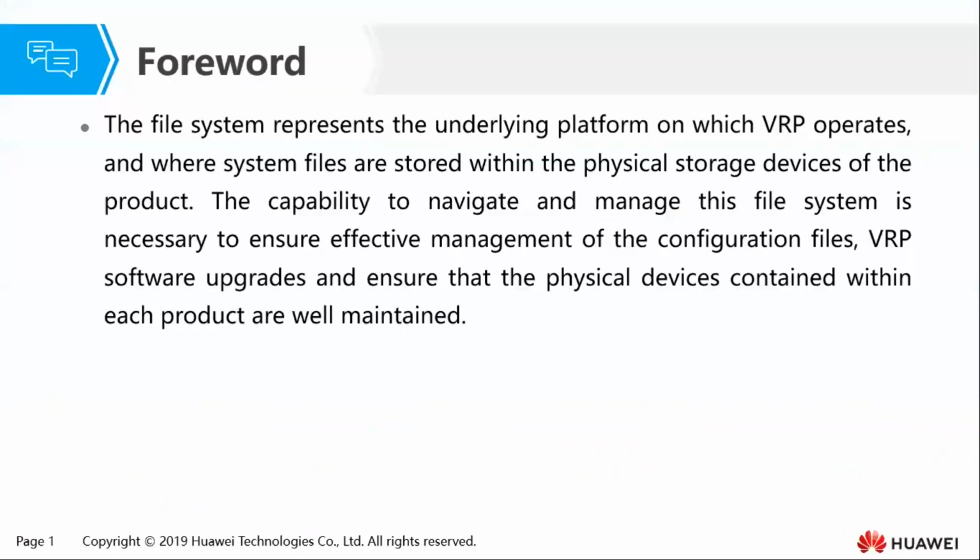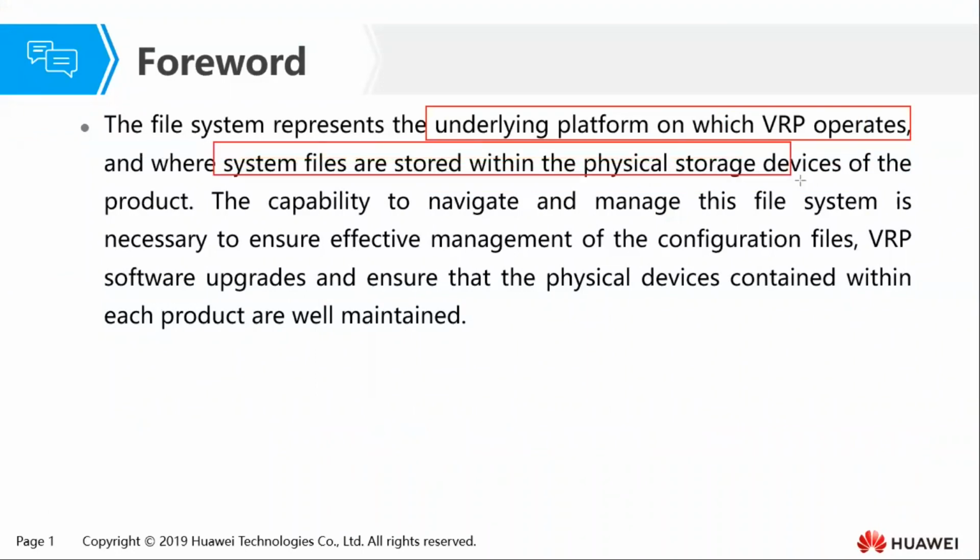So the file system presents the underlying platform on which VRP operates, and where system files are stored on the physical storage devices of the product. The switch or the router will usually have a physical storage device.